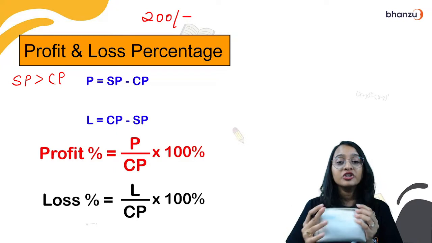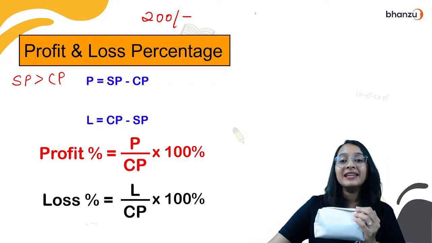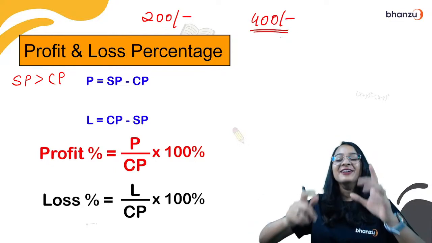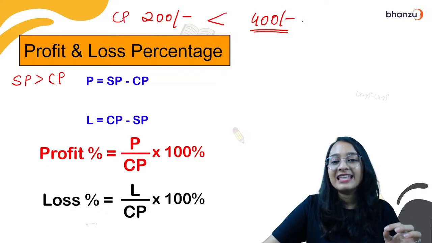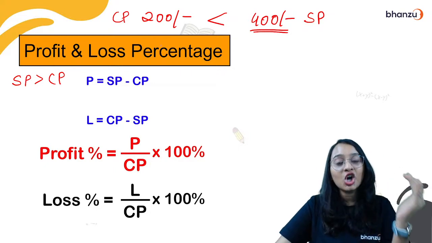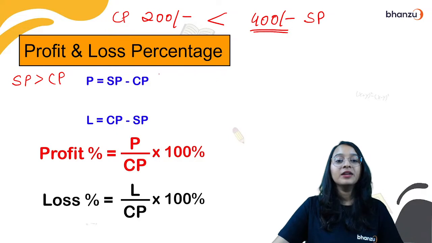I want something pink. So, I'm going to sell this pouch to my friend. But I'm selling it for 400 rupees. Very clever. So, what happened here? The cost price is less than the selling price. Or you can say the selling price is greater than the cost price. So, of course, there's a profit of 200 rupees. So, how much?